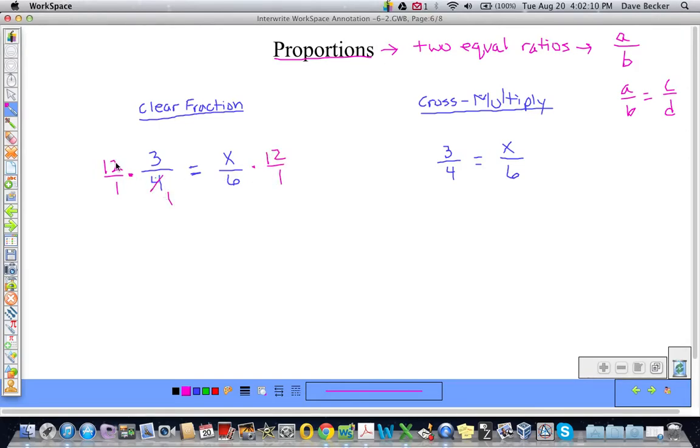Cancel out, cancel out, cancel out. 3, so I get 9 is equal to x times 2 is 2x. Now both of these are over 1. 3 times 3 is 9, over 1 times 1 is 9. X times 2 is 2x, over 1 times 1 is 2x. And divide by 2, and we get 9 halves is equal to x.